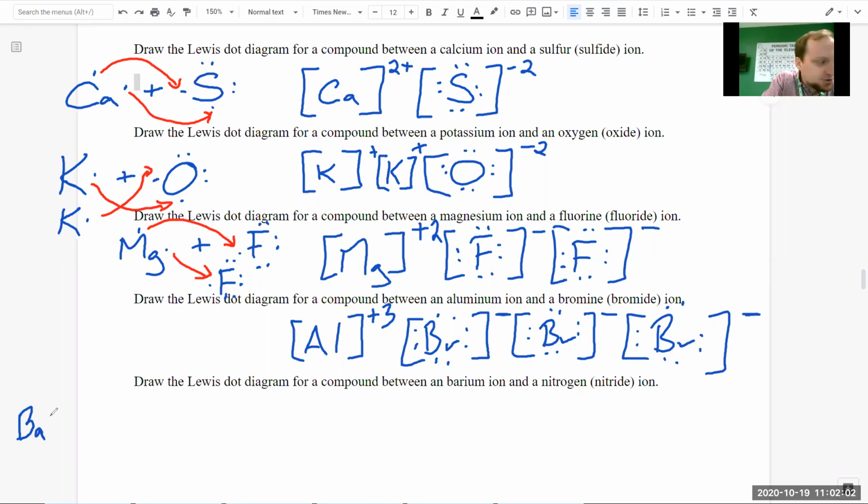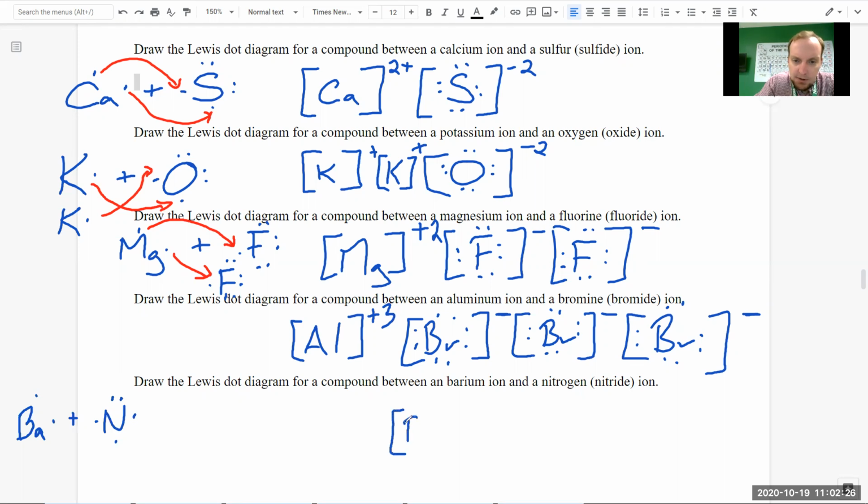It has 2 dots. And then we're going to add it to a nitride, which has 5 dots: 1, 2, 3, 4, 5 dots. All right, so think about that. Barium has 2. Nitrogen or nitride, because it's going to be an ion here in a minute, has 5. That's weird. So we're going to have to make this work somehow.